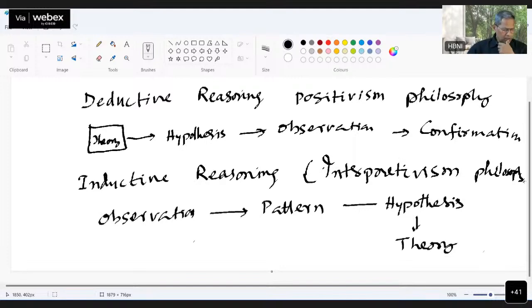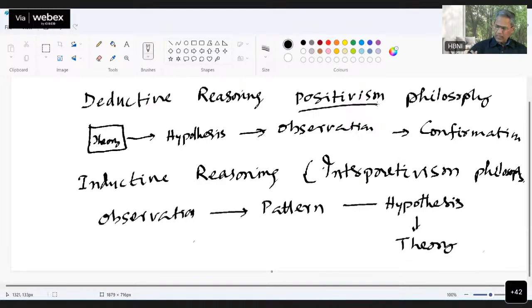It's important that you should know whether your research is inductive or deductive. And once you know whether it is inductive or deductive, your research design will depend on how you perceive reality. Most of the cases, when you do experimental research, they are basically positivism and quantitative experimental research.